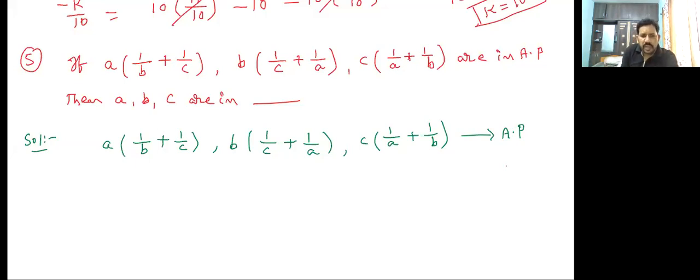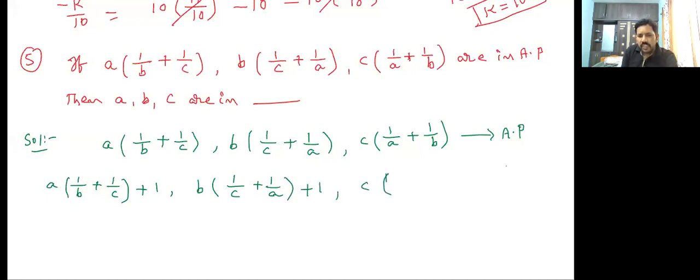Now I am going to add a particular constant to each and every term. That constant is 1. I am going to add 1 to the 3 terms. Now the resulting series is also AP only.